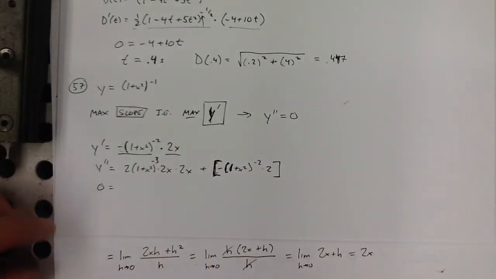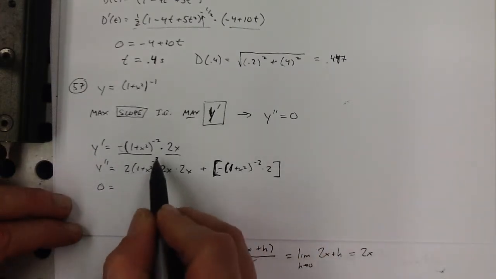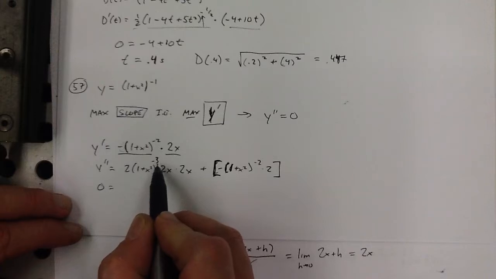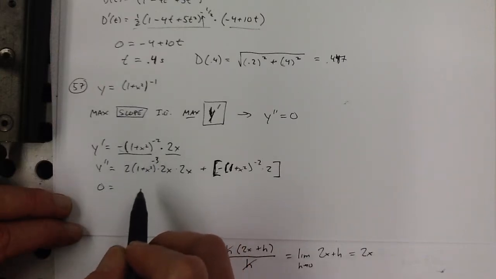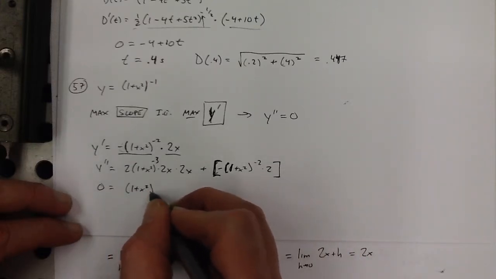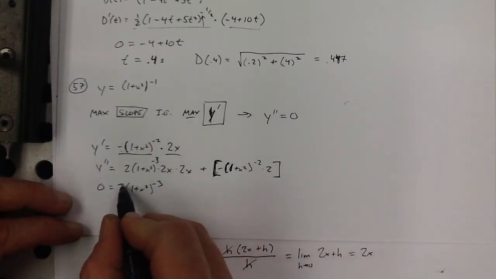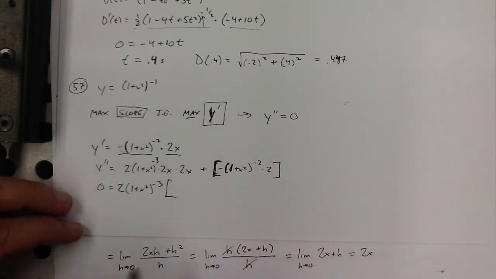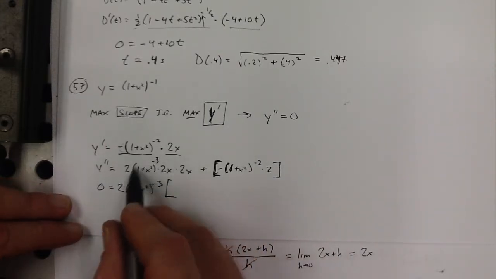Okay, so what do these things have in common? My advice to you is when you have some factor in common, factor out that thing to the lowest power, the most negative power. So that's going to be 1 plus x squared to the negative 3. I've also got a 2 in common that I could factor out, and that looks like that's it. So what's left behind here? I factored that out, I factored that out.